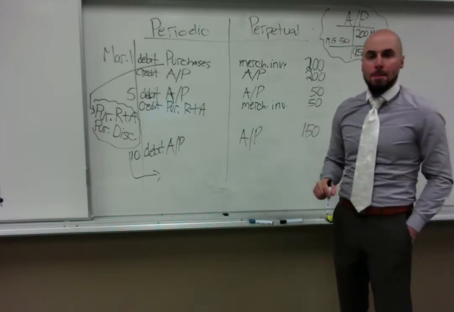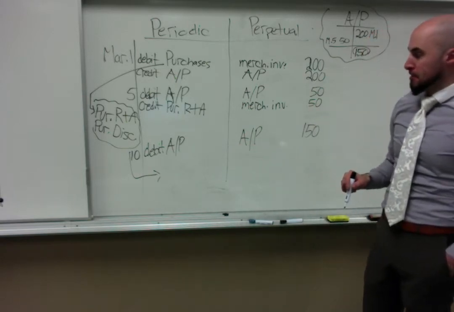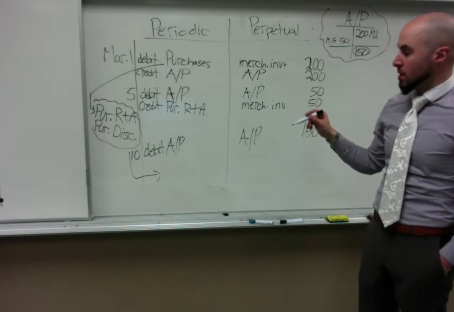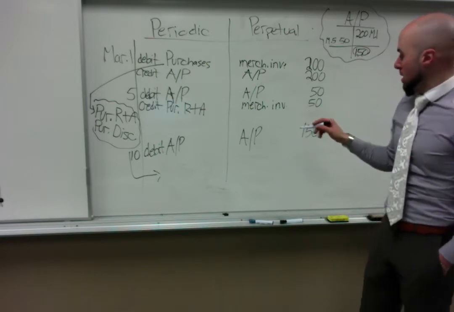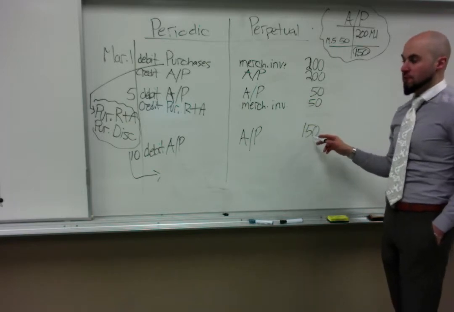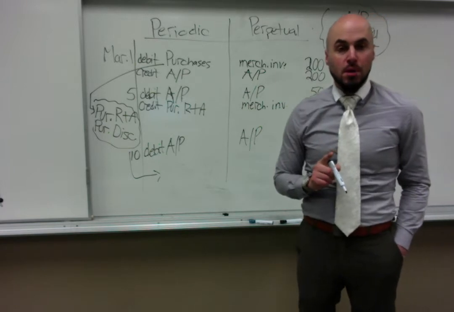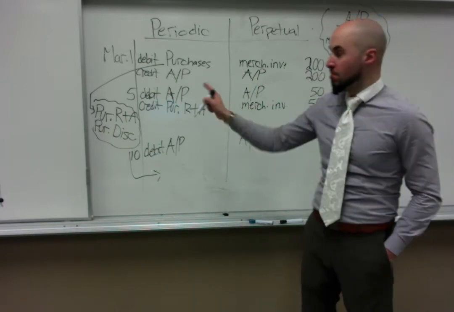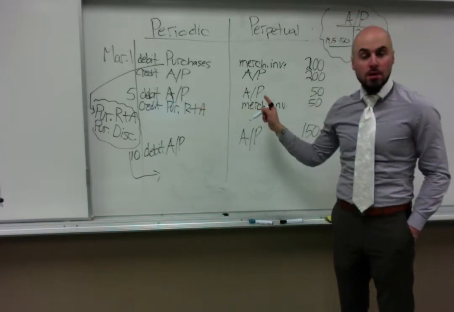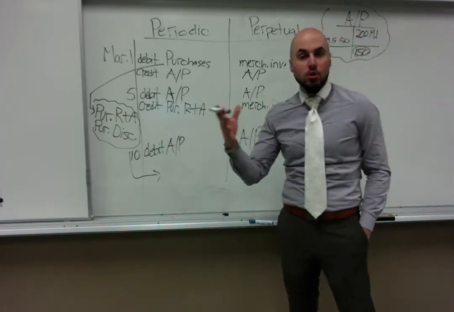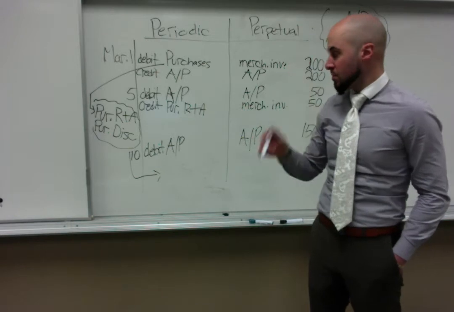Okay. Good? If we're debiting it for 150, now we have to record the purchase discount. And we're recording the purchase discount in both systems as well because we're within the 15 days granted to us.